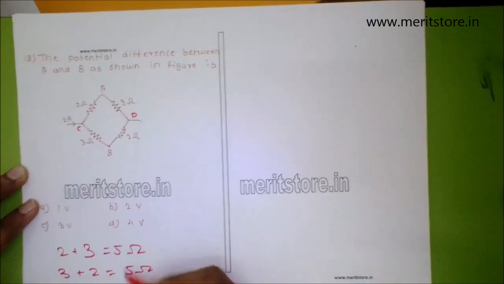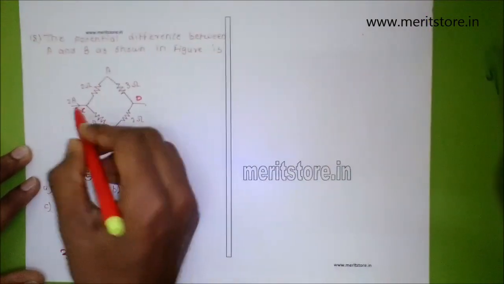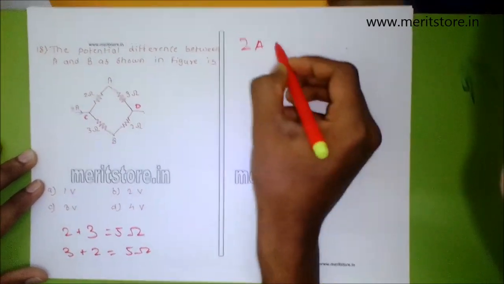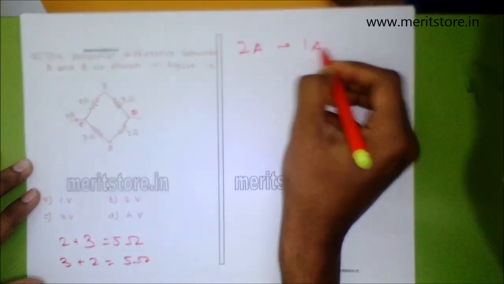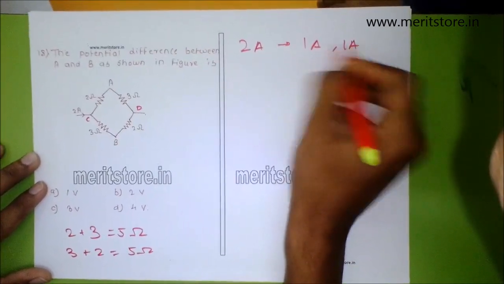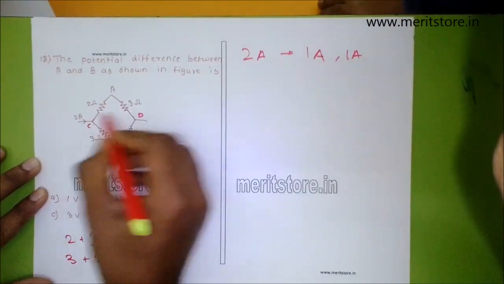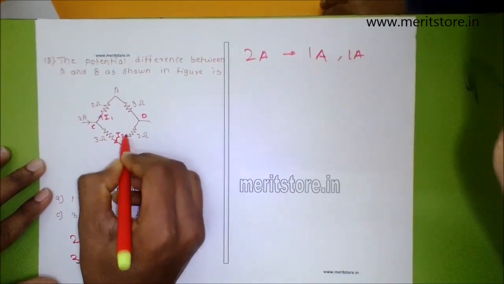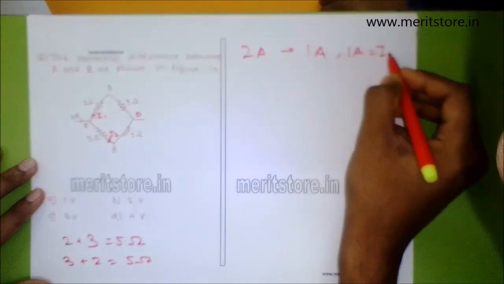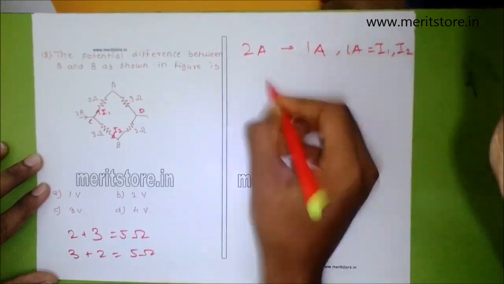Since there is equal amount of resistance in both the arms, the current of 2 amperes is split equally in both the arms as 1 ampere and 1 ampere each. Therefore I1 and I2 are equal, which is equal to 1 ampere.